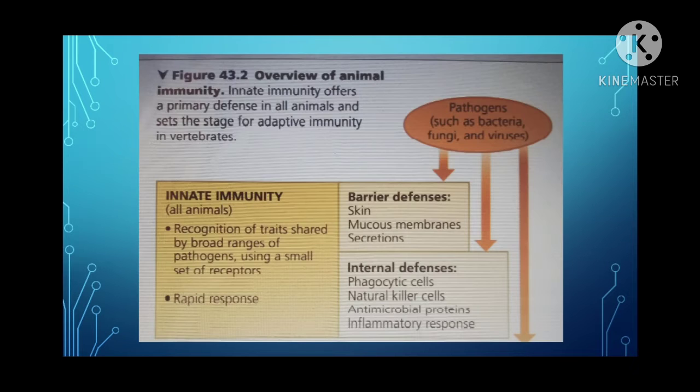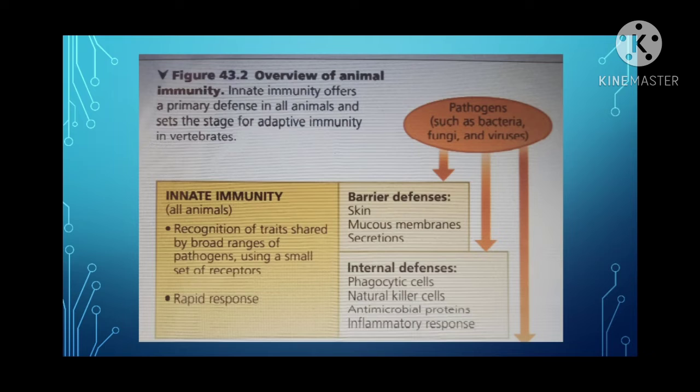On the next slide, in the figure we can see that innate immunity is present in all cells. It involves recognition of traits shared by a broad range of pathogens using a set of receptors. The barrier defense includes skin, mucous membrane, and secretions.